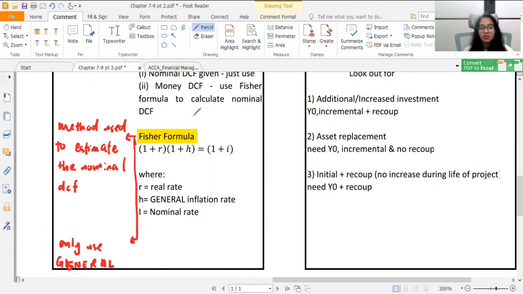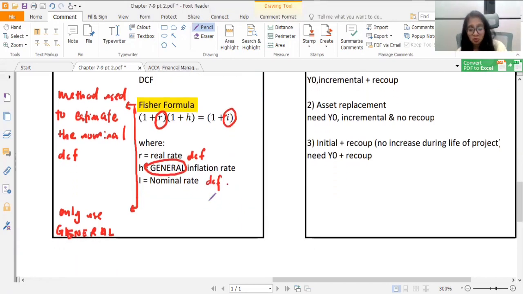When you use the Fisher formula, (1 + r) × (1 + h) = (1 + i), in this formula, r is the real discount factor, right? H is the general inflation rate. Please remember, I repeat, this is only for the general inflation rate. And i is the nominal discount factor that you will calculate.